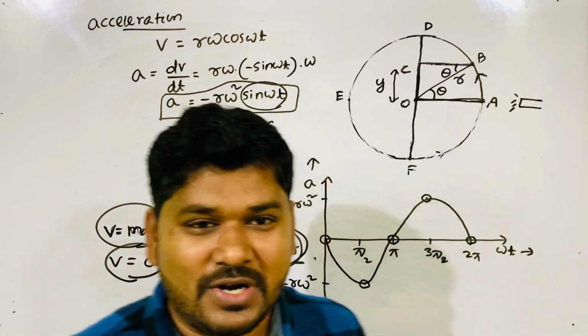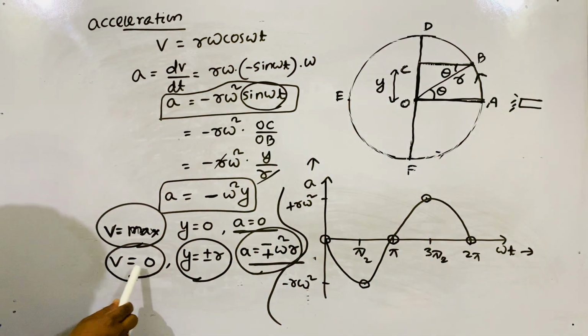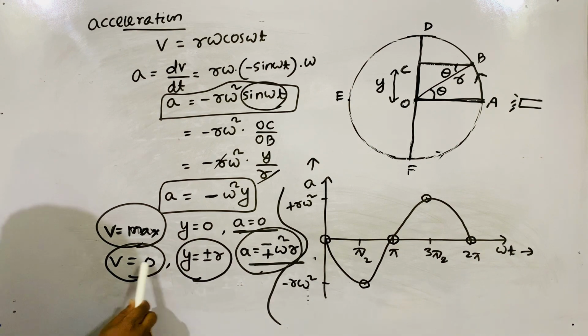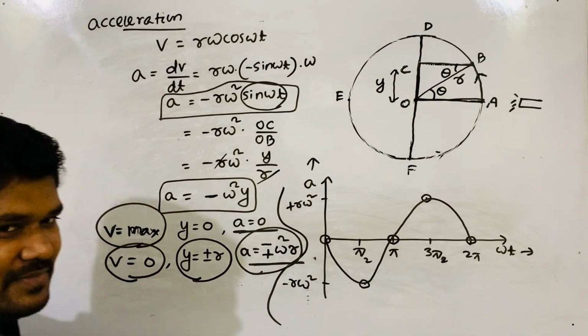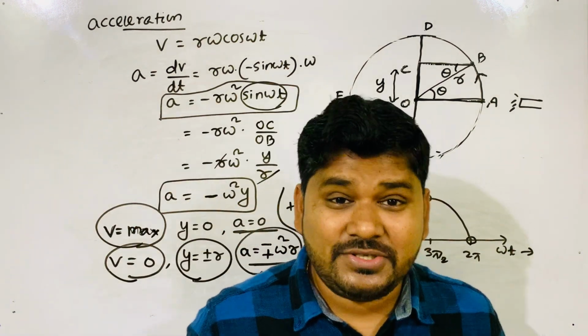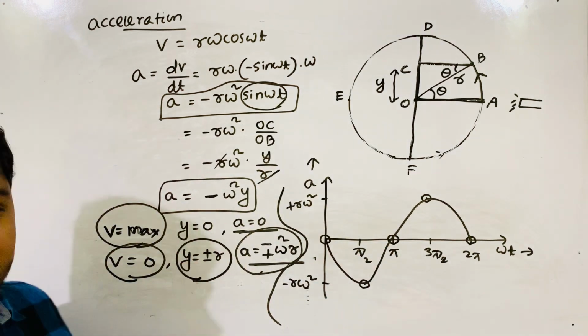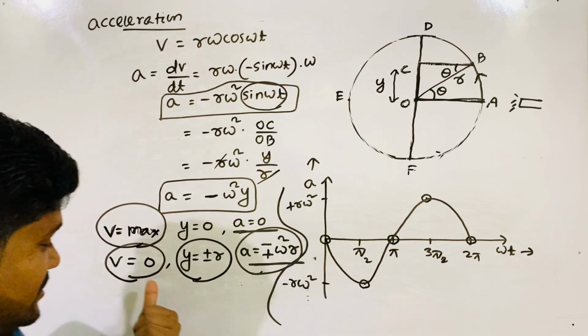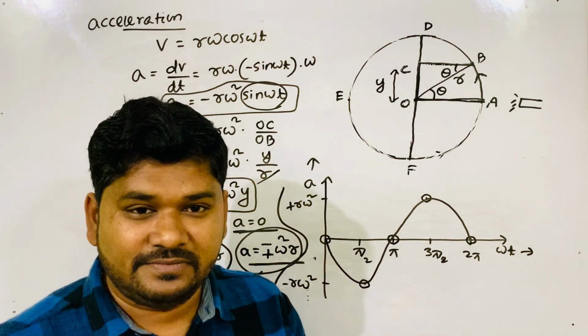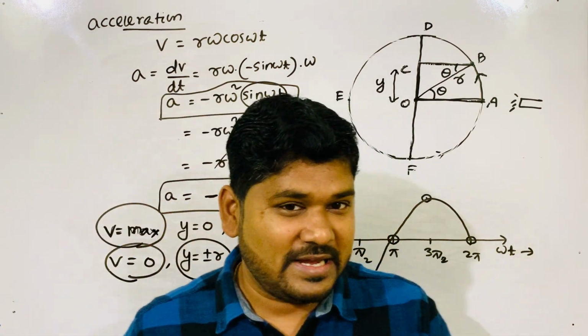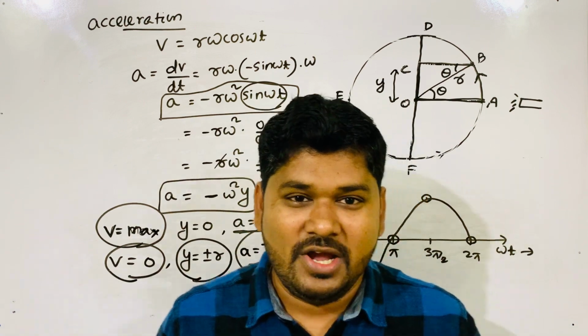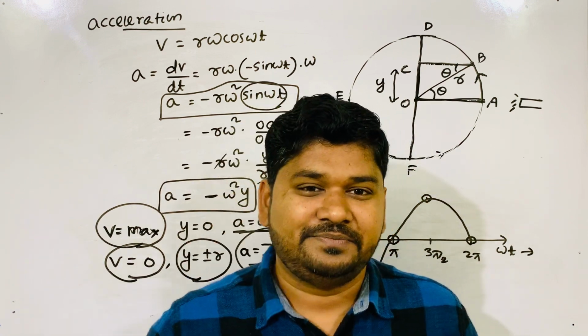The answer is in front of you. Velocity 0 but acceleration non-zero: when one body executes simple harmonic motion, at extreme position velocity is 0 but acceleration is non-zero. Not only this, you have another example from the kinematics chapter.